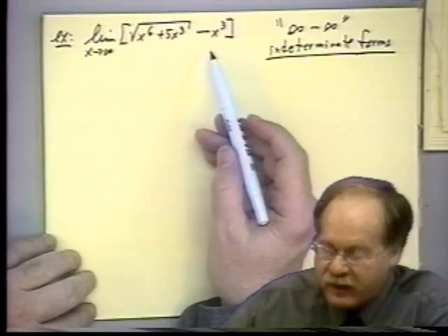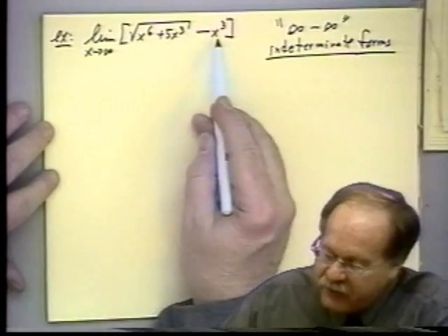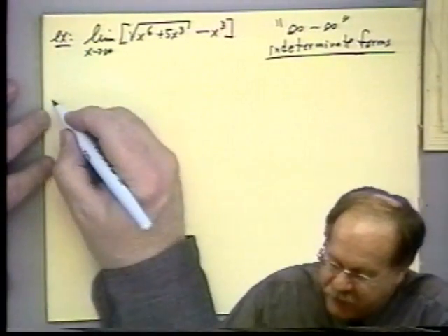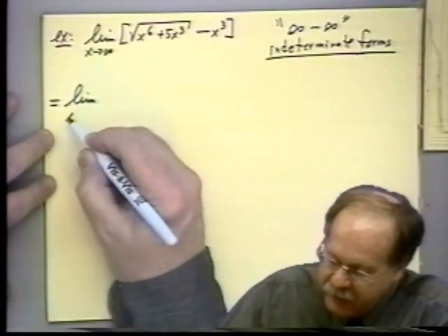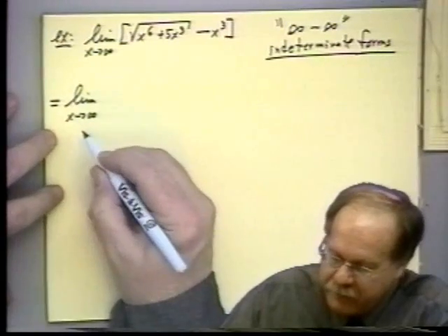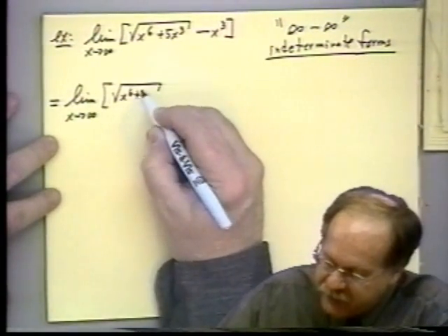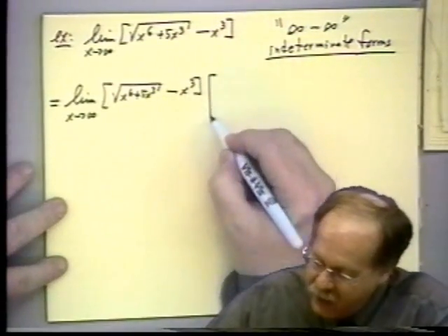So we need to find some algebra that we can do here that will allow us to find out what this limit is. This is a difference, and this difference suggests the technique that we're going to use. This is very standard for this kind of a problem. So I take the limit as x goes to infinity, and let me rewrite this, x to the 6th plus 5x cubed under the square root minus x cubed.